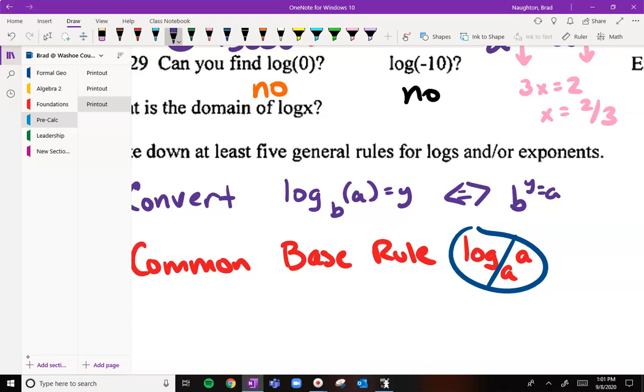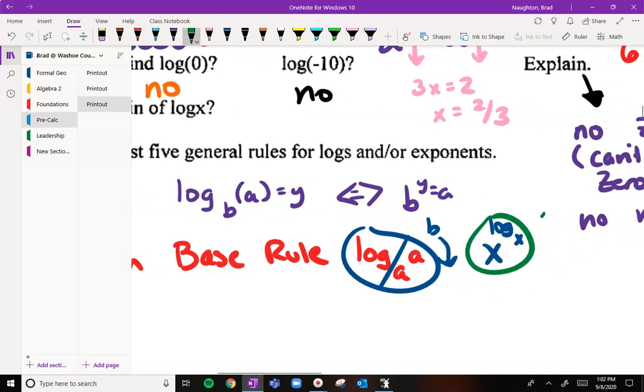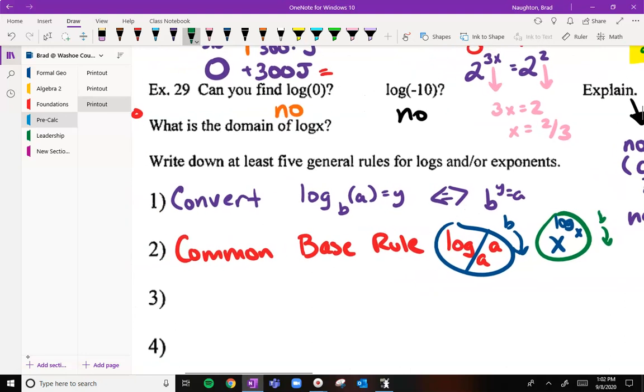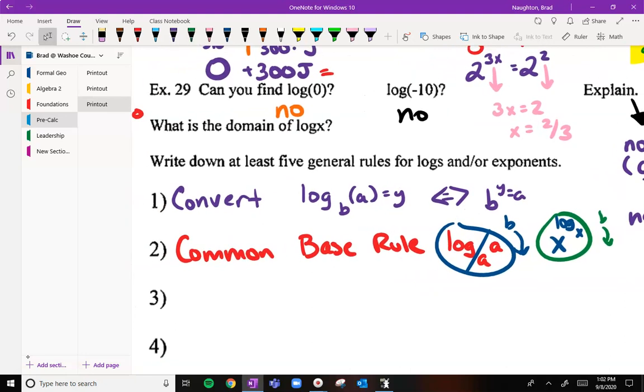And then whatever's up here is going to drop down. Or it could be b to the log base b of x, or x to the log base x, same thing, and then whatever's right there will drop down. So those are the first two most important things. So after this, it really is writing down what you need.